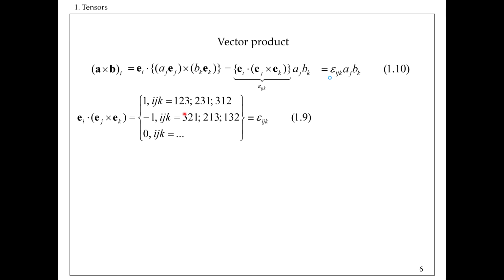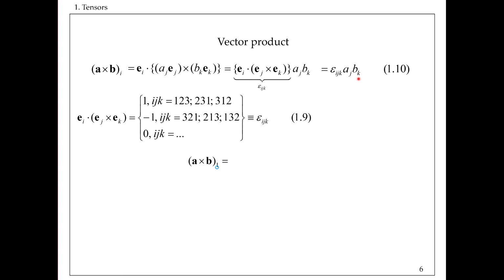Now with that we can write what the components actually will be one by one, in terms of the components of the original vectors A and B. Naturally we start from component 1. So what does it mean? We go here and say i is equal to 1, so we put epsilon 1jk, and that will be a summation.